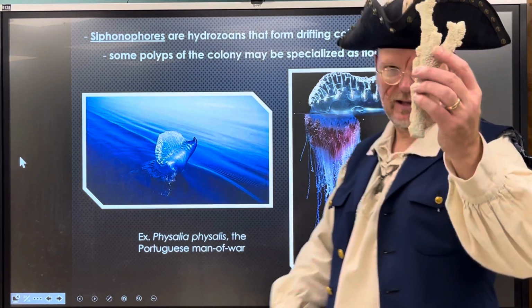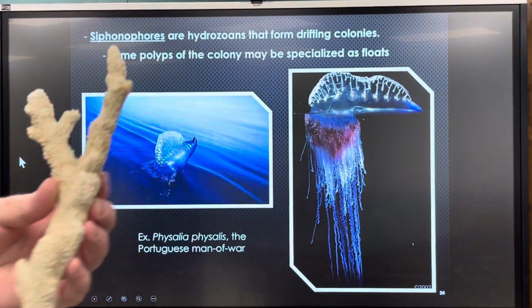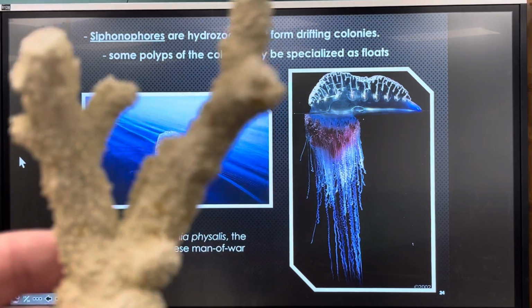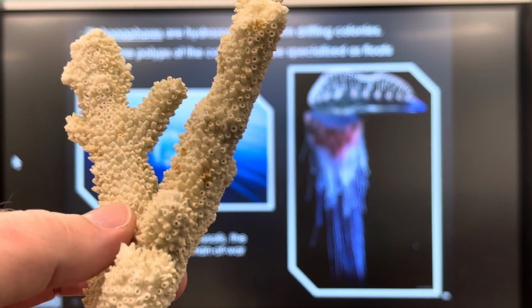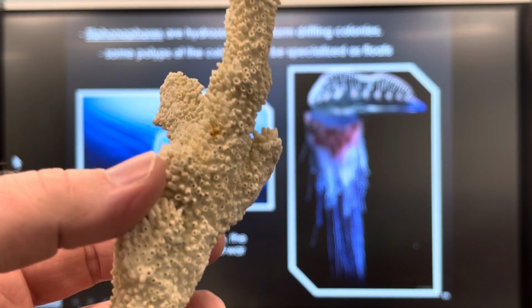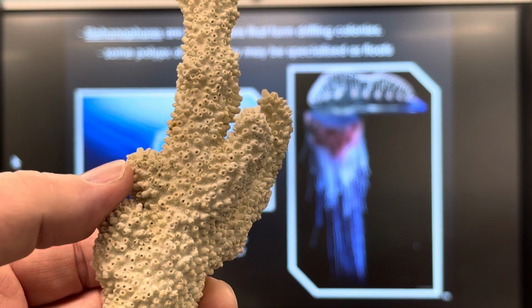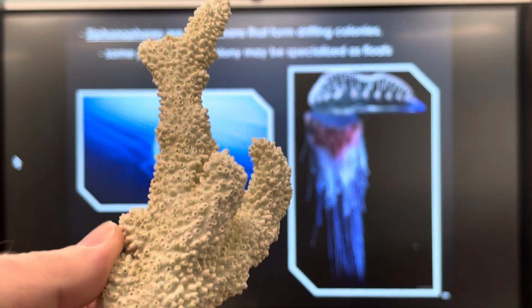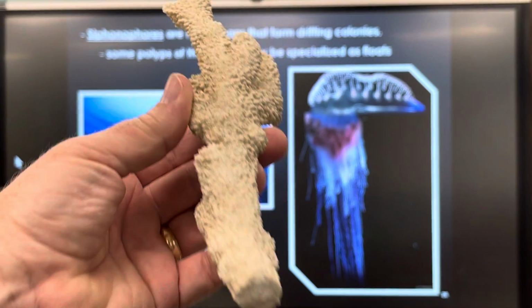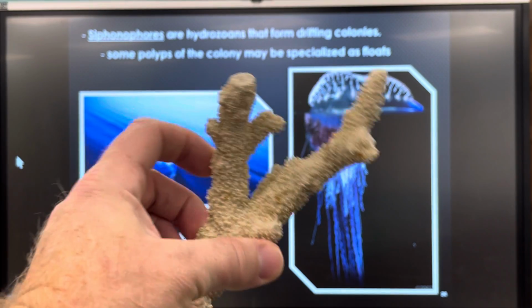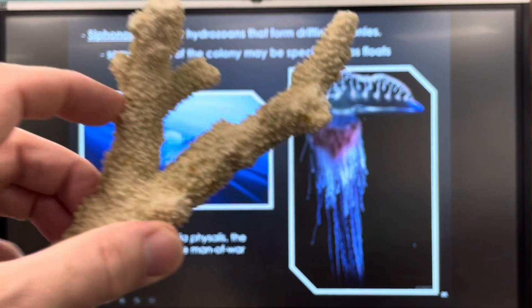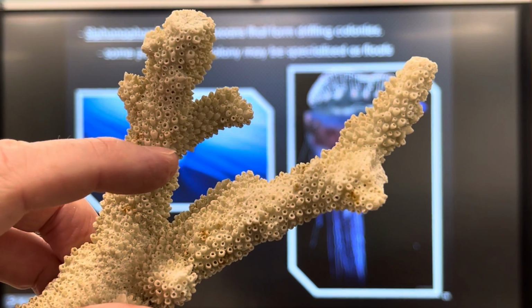So if you look at this piece of coral here, you can see where the polyps used to be. Each one of those holes is an individual animal that made a colony that secreted this skeleton, and they would grow on this skeleton. This is a piece of coral skeleton, with many different animals living in a colony.